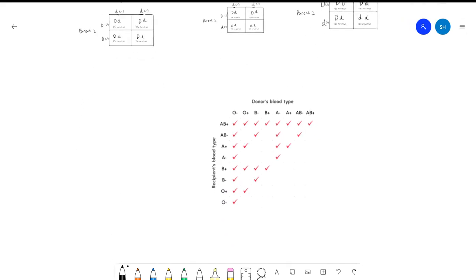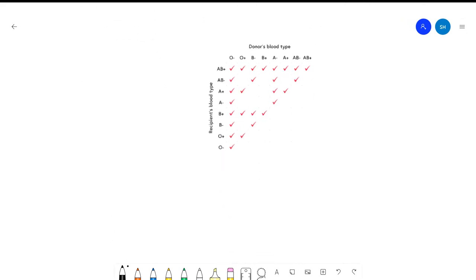Now, take a look at this blood group compatibility chart. As you can see, O negative can donate to anyone, and O positive can donate to any positive blood type. B negative can donate to AB positive, AB negative, B positive, and B negative.